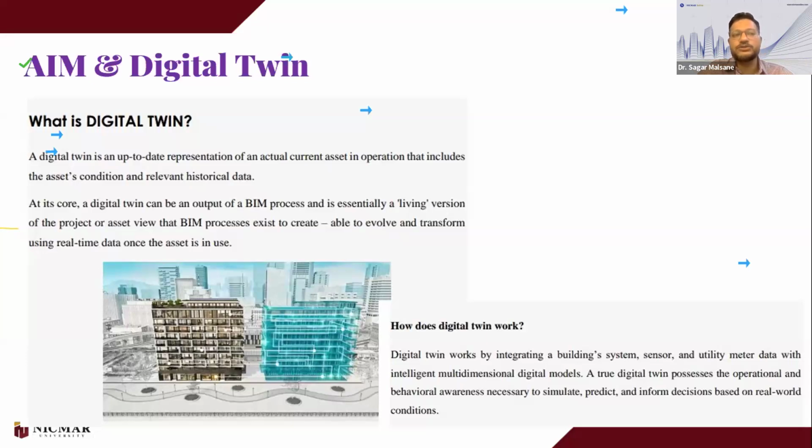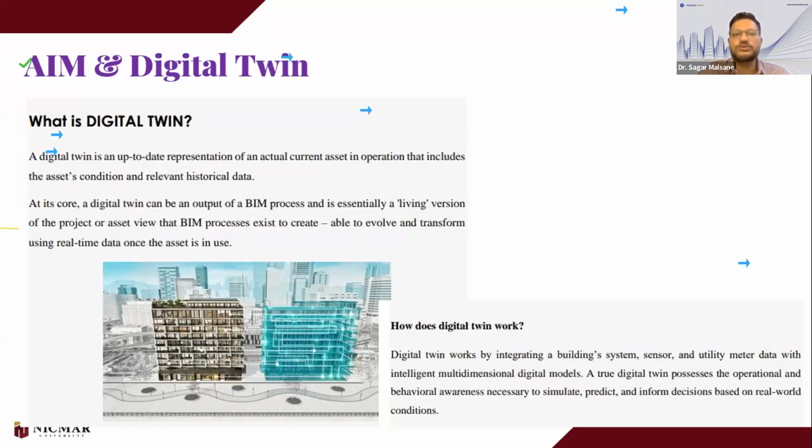So you can basically use that asset information model to maintain that structure, to maintain that asset, to carry out maintenance work, etc. But once your building information model is completed and utilized on site, it becomes a static model.